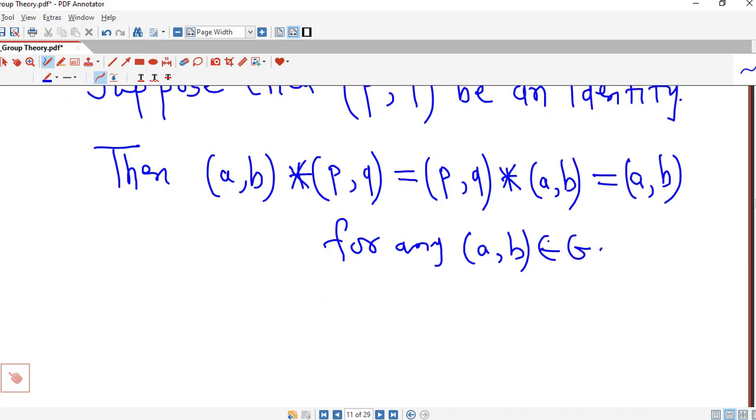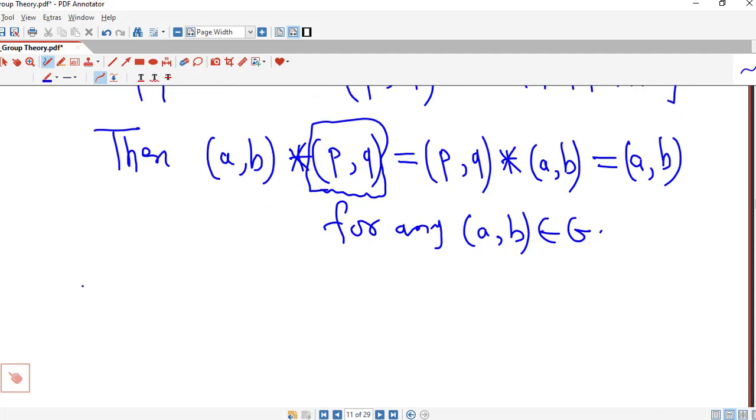So our aim is to identify this ordered pair (P,Q), which values of P and Q will work so that (P,Q) is the identity. So we first try to solve this equation (A,B) star (P,Q) equal to (A,B).